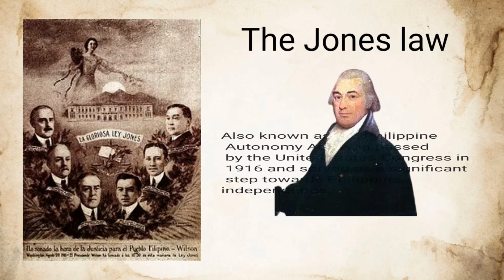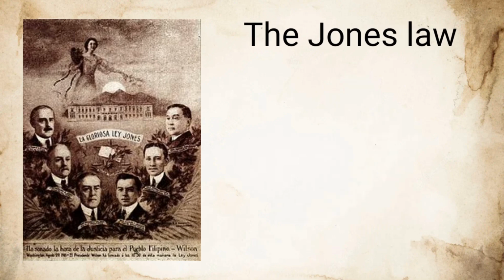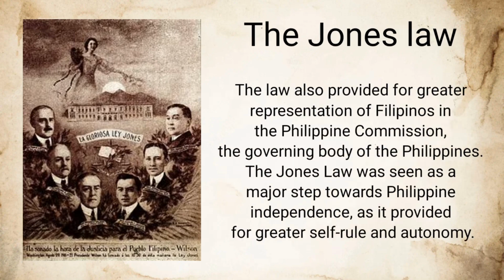The law was sponsored by William Jones, a member of the House of Representatives who had been appointed as chairman of the House Committee on Insular Affairs, which oversaw U.S. colonial possessions. The law also provided greater representation of the Filipinos in the Philippine Commission, the governing body of the Philippines.